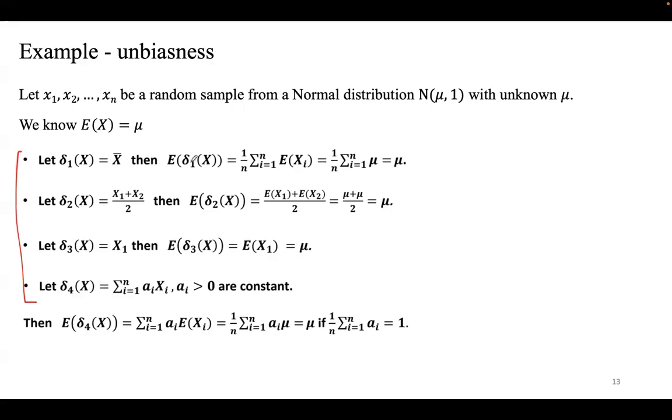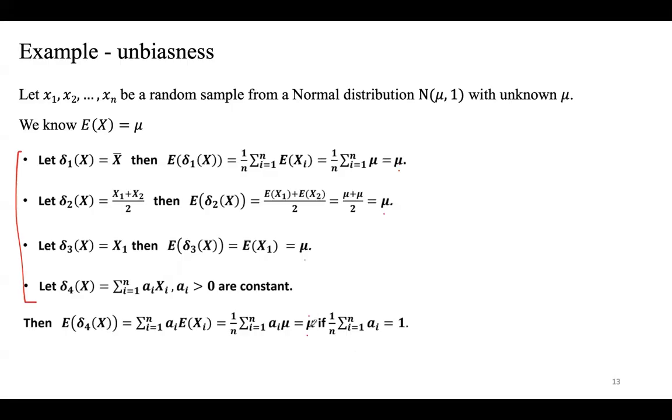All right. So for these 4 estimators, what you're going to do is find the expectation. The expectation for the first one, the expectation of the mean: you plug in these values and you get mu. For the second one also, you get mu. For the third one also, you get mu. And for the fourth one also, you get mu, given that there is a certain condition about the summing up of these constants.